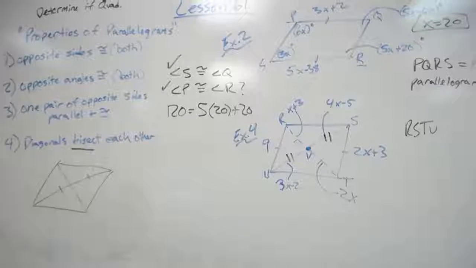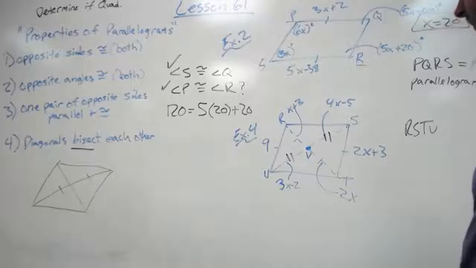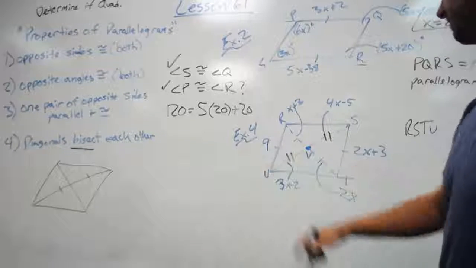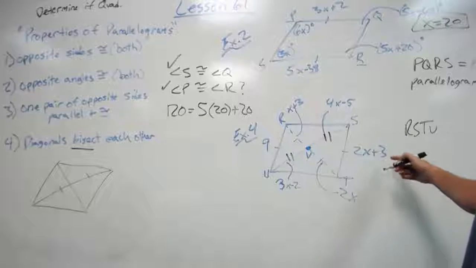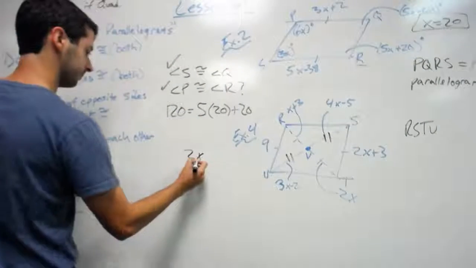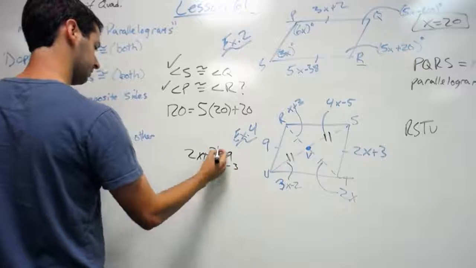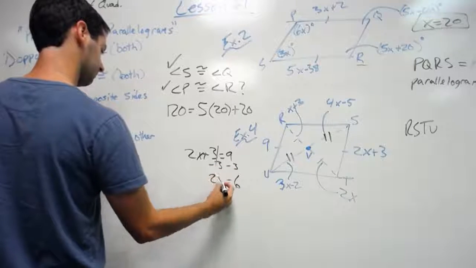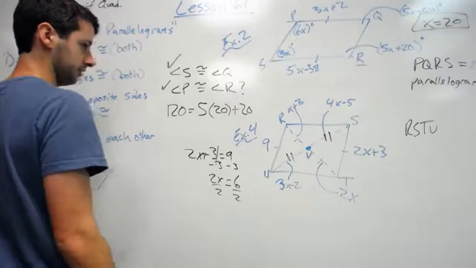There are different ways that you could solve. You could actually set these equal to each other and see if it works. Or we could solve for x by doing, since these opposite sides are congruent, we can say that 2x plus 3 equals 9. Subtract 3. So x equals 3.